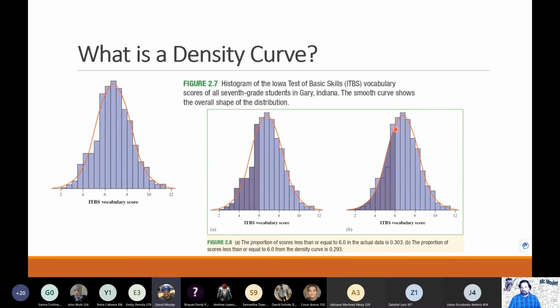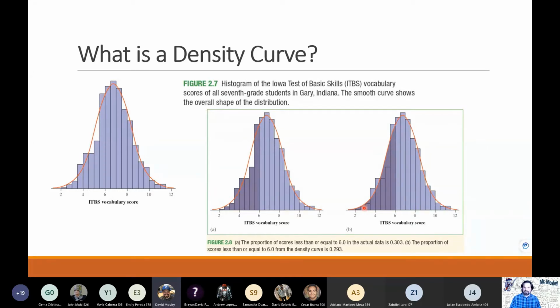And we can see we're only shading under the curve now. To calculate the actual area under the curve for this specific example, you would need calculus and an understanding of calculus to do that.